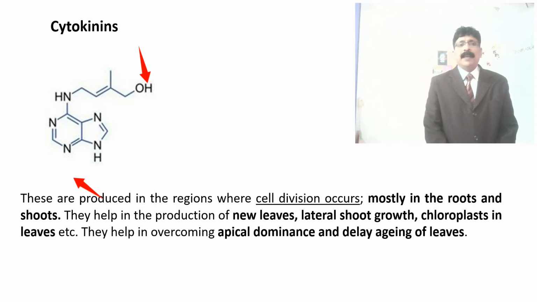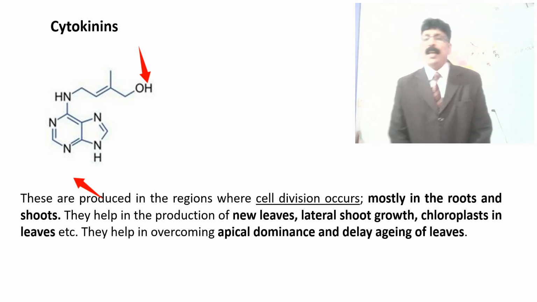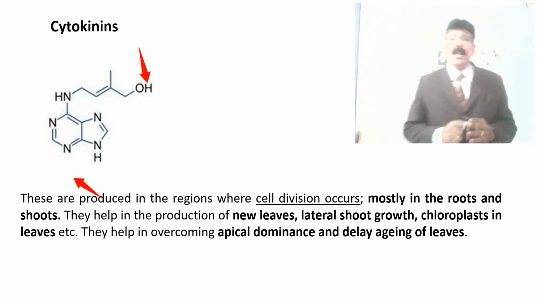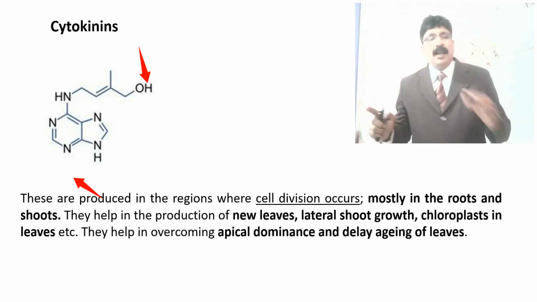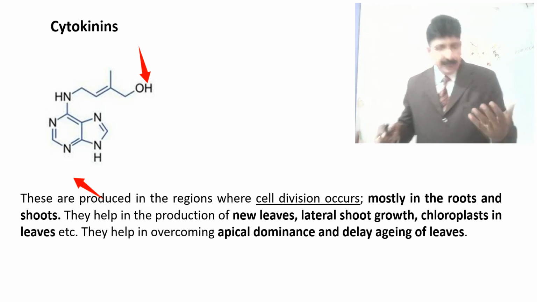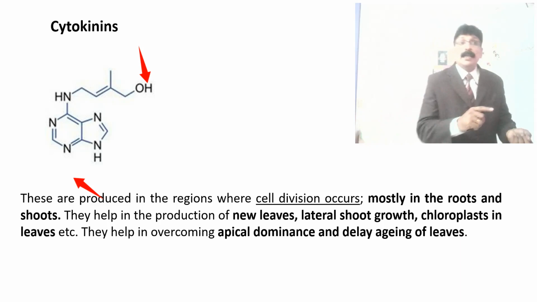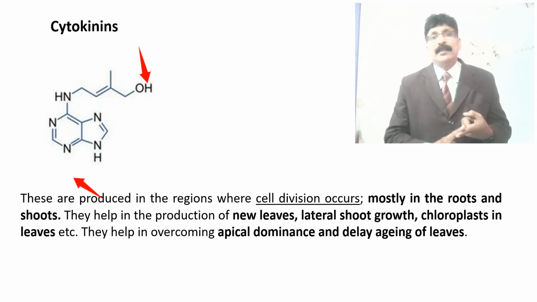These are produced in the regions where cell division occurs, mostly in the roots and shoots. They help in production of new leaves, lateral shoot growth, chloroplasts in the leaves, etc. They help in overcoming apical dominance and delay aging of leaves.